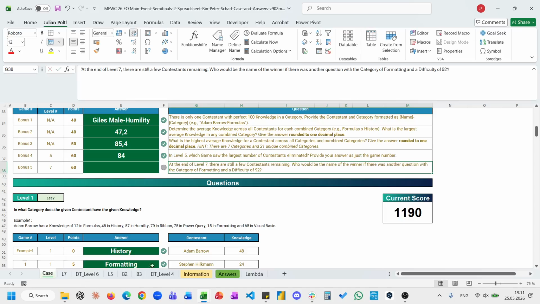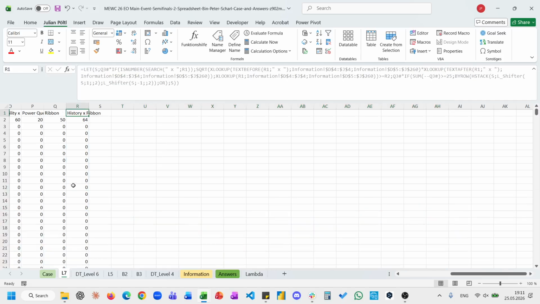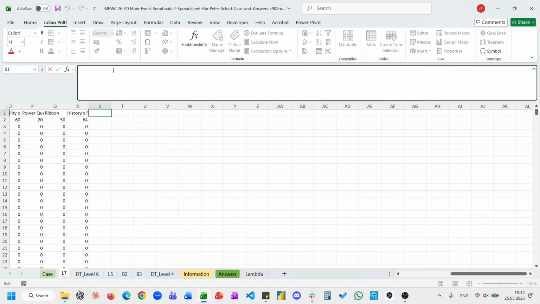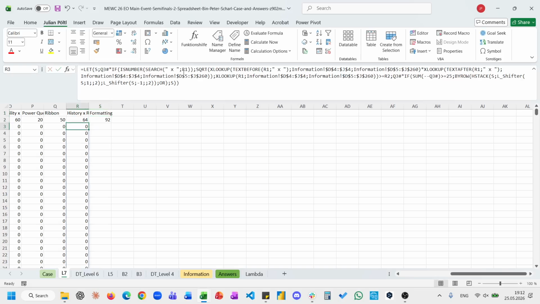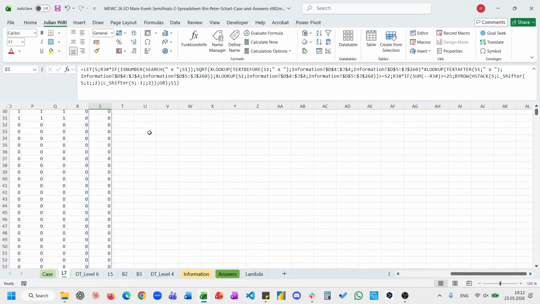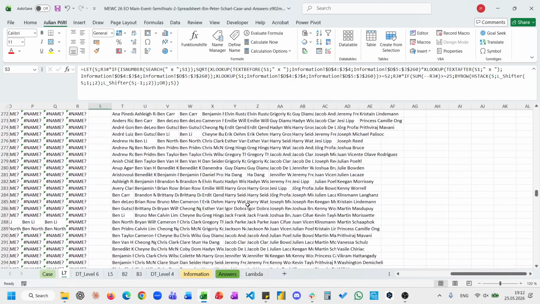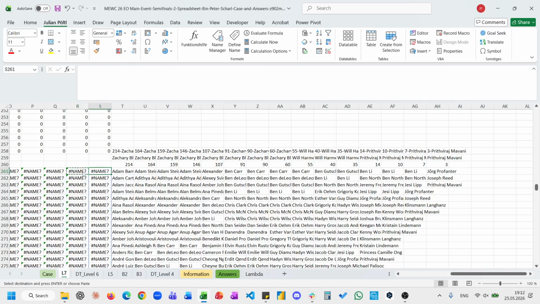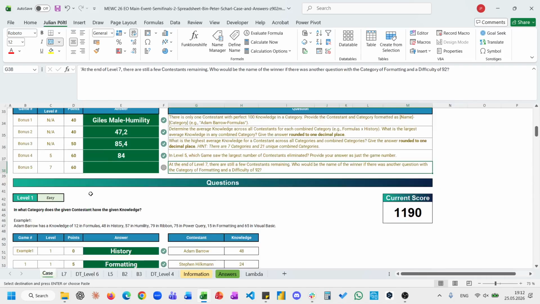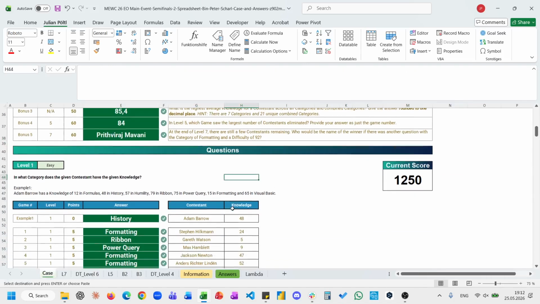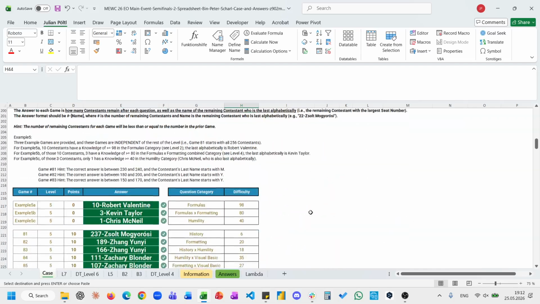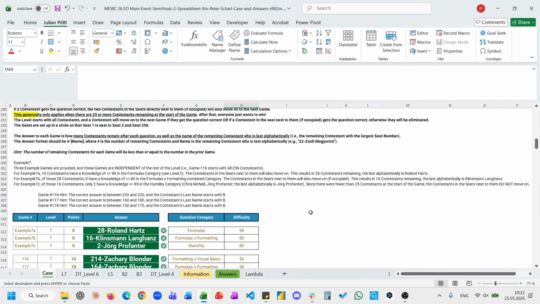Formatting 92. So simply formatting 92. Okay. Done.